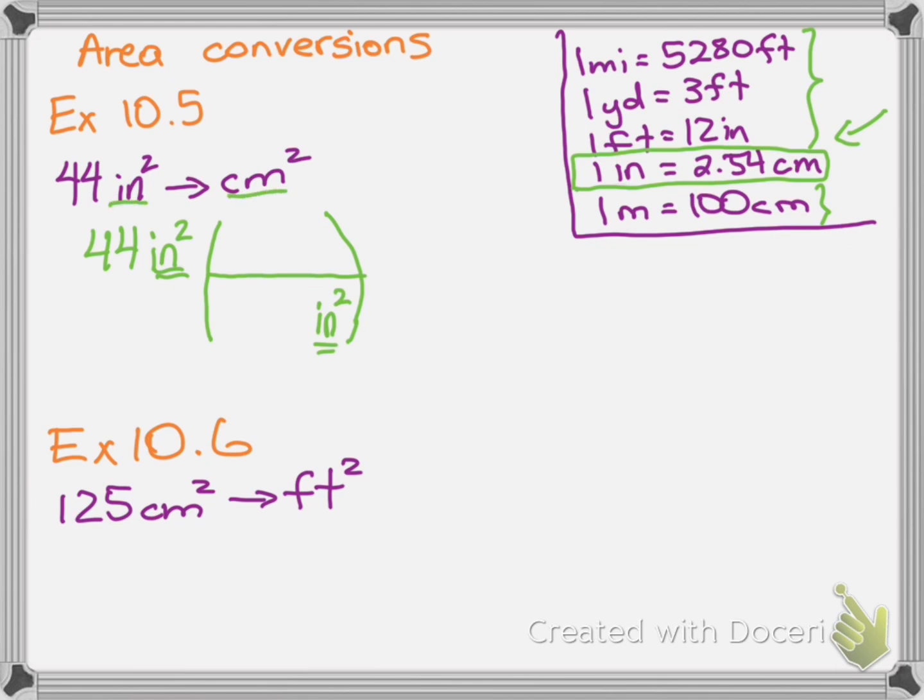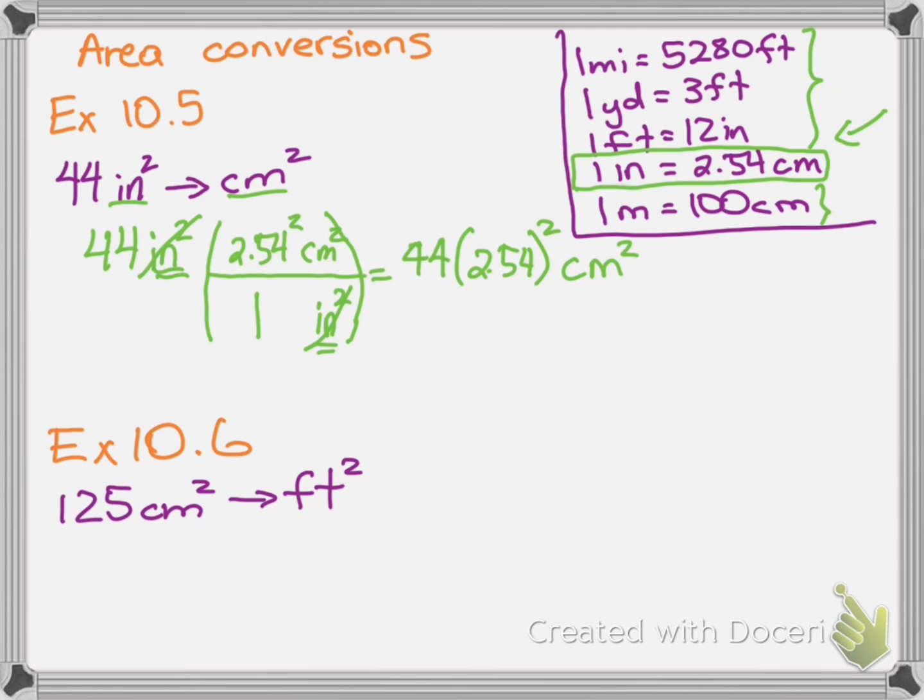In this case, there is 1 inch equals 2.54 centimeters. Now, since it's square, I have to square these, and I also have to square that. And the answer is going to be, I cancel the inches. The answer is going to be 44 times the 2.54 squared, and then the units, centimeters, also squared.